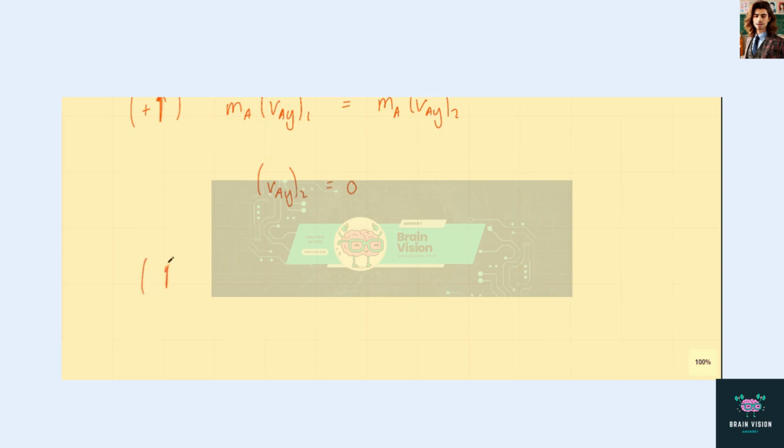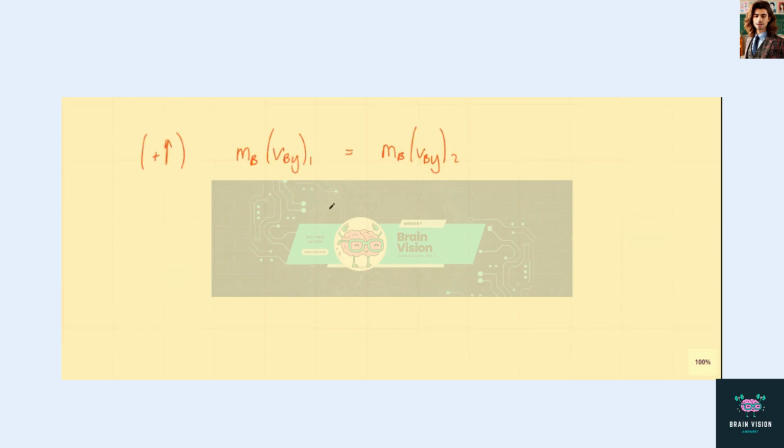Now if we apply the same to disk B, we get that mB VBy1 is equal to mB VBy2.